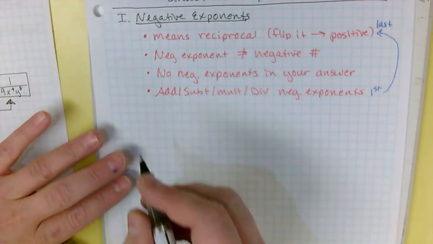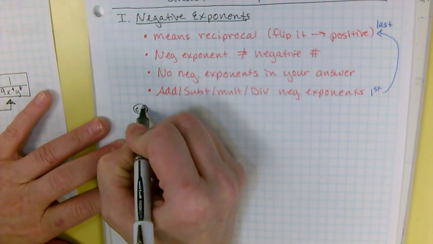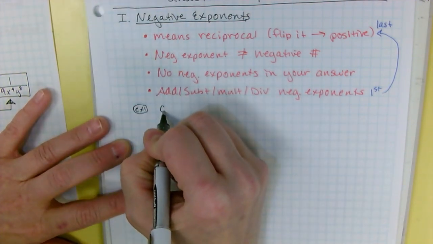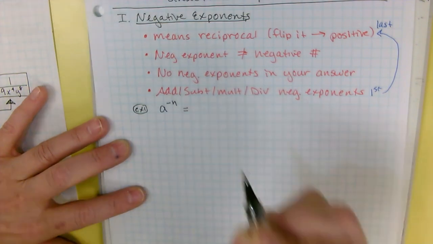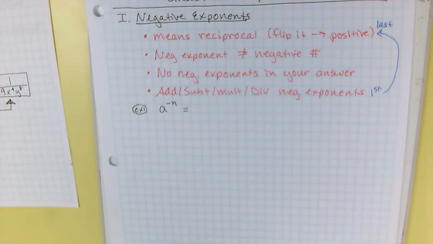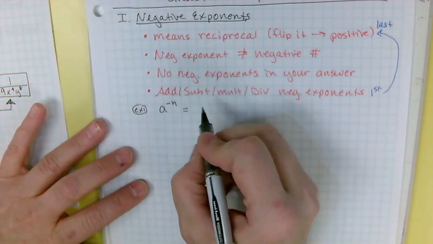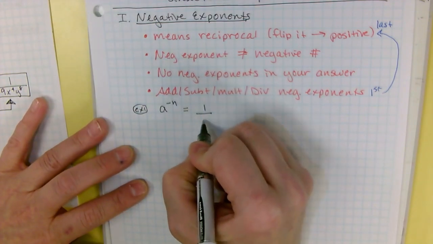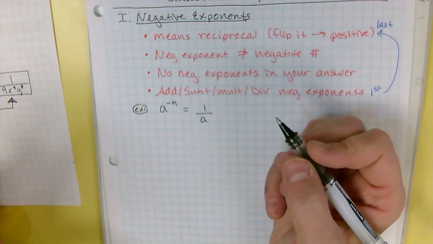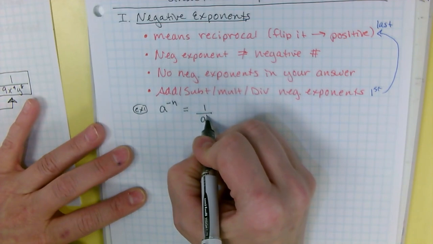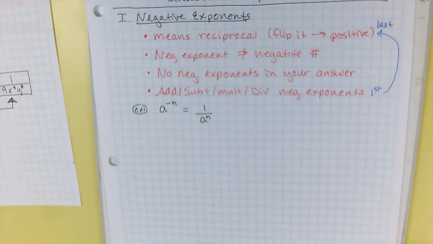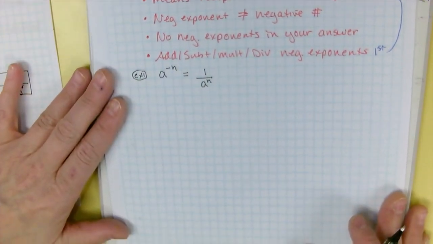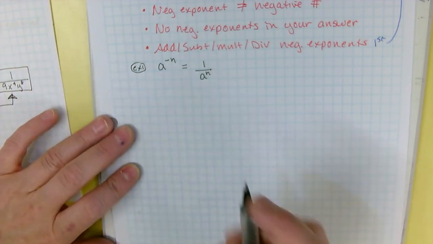All right, we're going to start really easy and go more complicated. So a to the negative n. If a number has a negative exponent, you're going to give its reciprocal, so 1 over a, and because you've moved it, the n becomes positive. So after you move it, the power becomes positive.